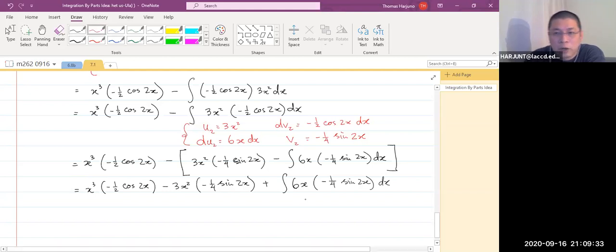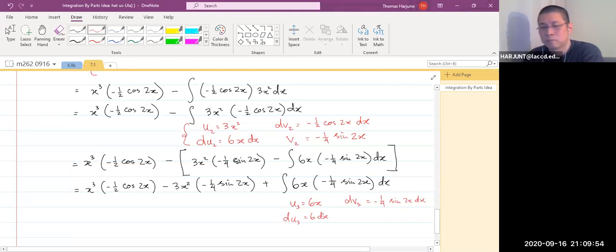I will do integration by parts the third time. So u3 equals 6x, d phi 3 will be negative 1/4 sine 2x dx. du3 will be 6 dx. phi3 equals positive 1/8 cosine 2x.